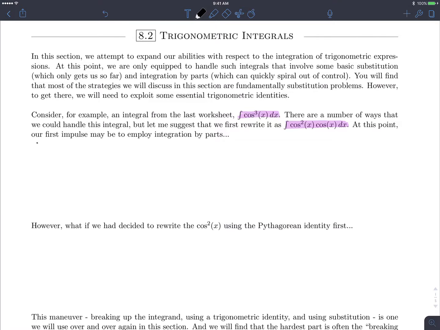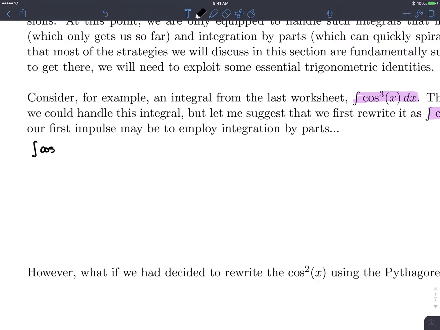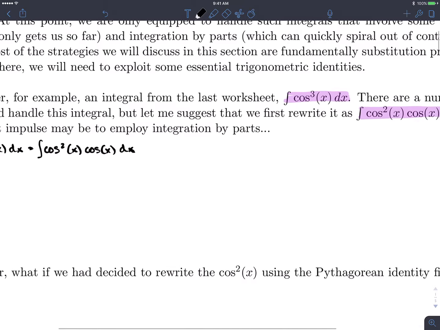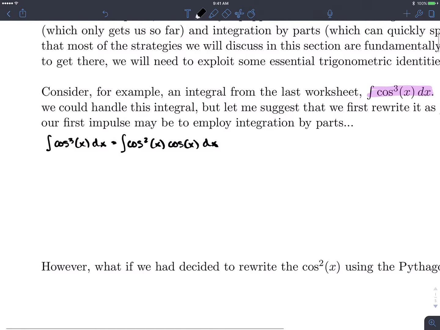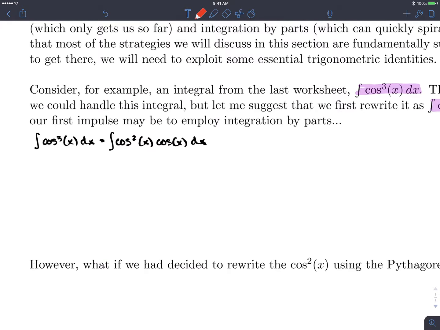So we'd have the integral of cosine cubed x dx, and we talked about the idea that we're probably going to need to break this up as cosine squared x times cosine x dx. Especially in the context of integration by parts, having this product of two functions of x is going to be helpful. So we need to think about what we can integrate and what we can differentiate.